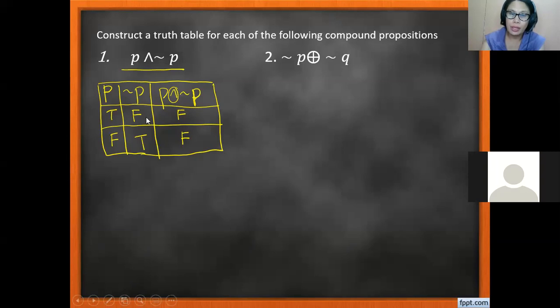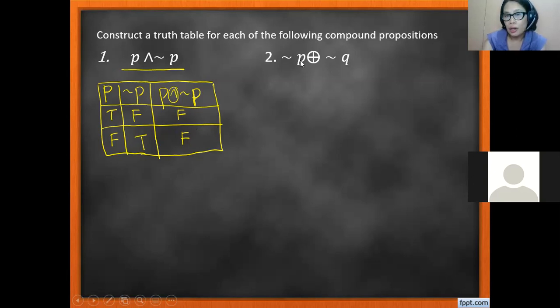So if we combine two contradicting statements, true, false, false, true, then we'll come up with a false statement.